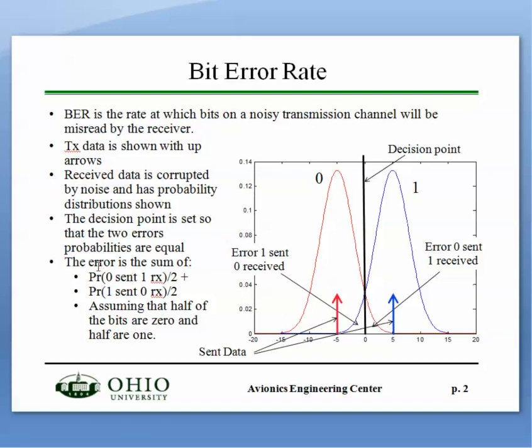So if that's the case, then the probability of an error is the probability that a 0 was sent and a 1 was received divided by 2, plus the probability that a 1 was sent and a 0 was received divided by 2, and that's the bit error rate. And of course, this assumes that you send the same number of zeros and ones.